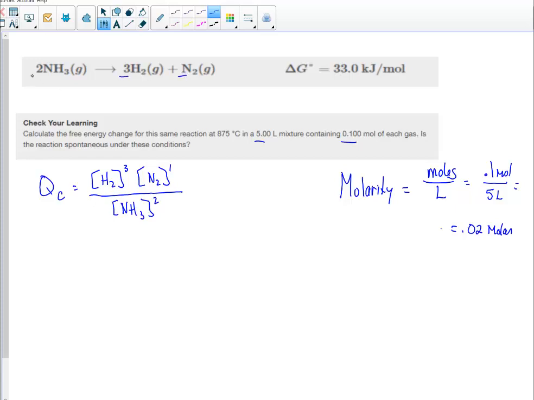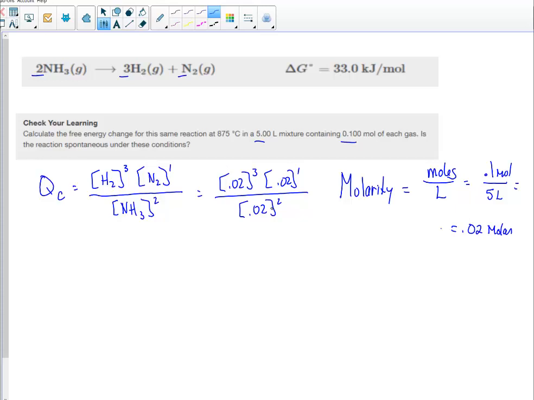Products over reactants, where the coefficients become the power with which you raise. Now each one of these was the same value, 0.02. So you have 0.02 cubed times 0.02 to the first over 0.02 squared.